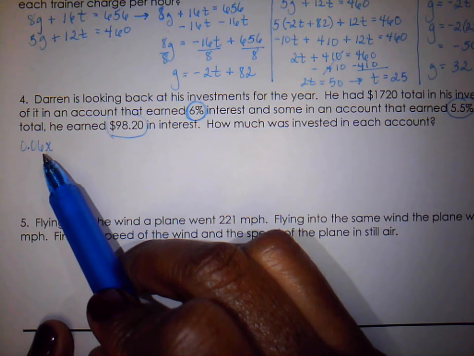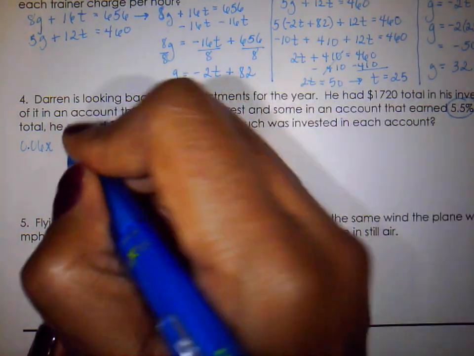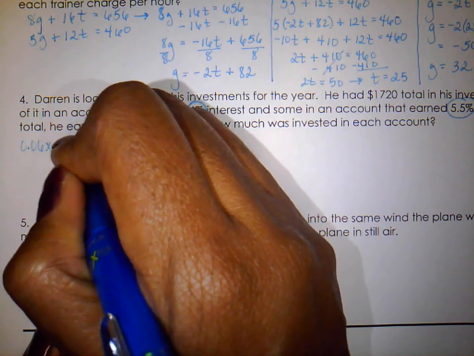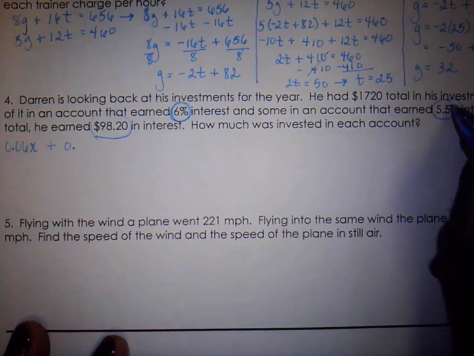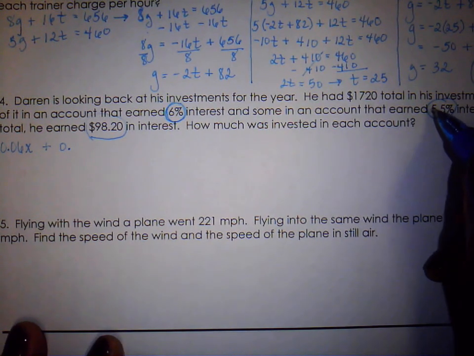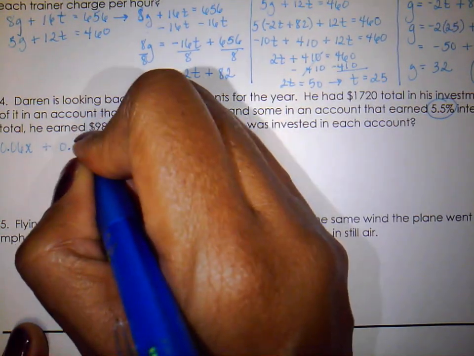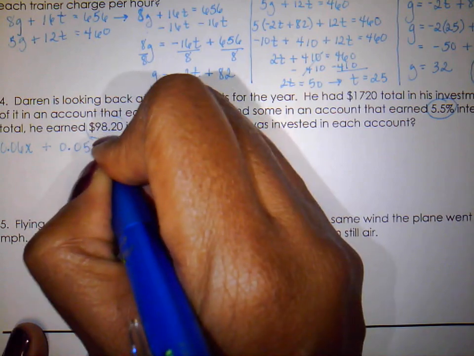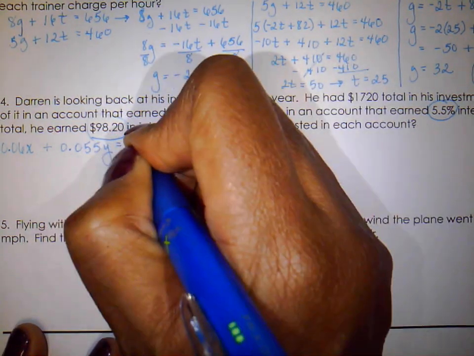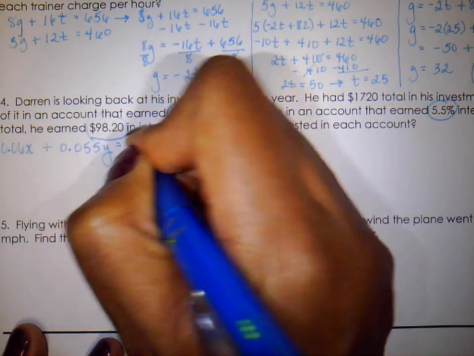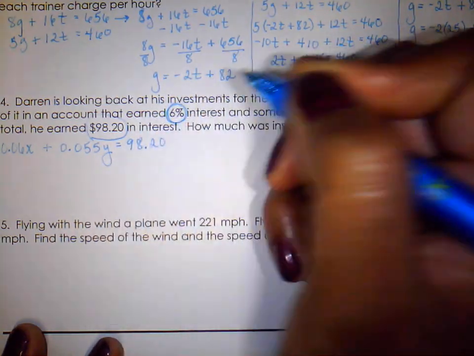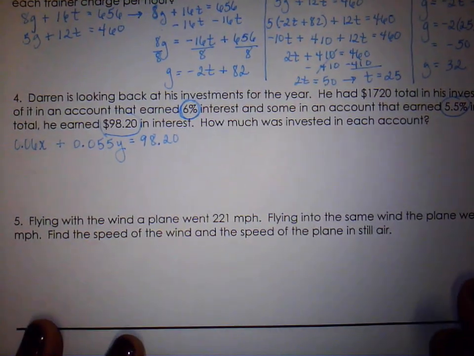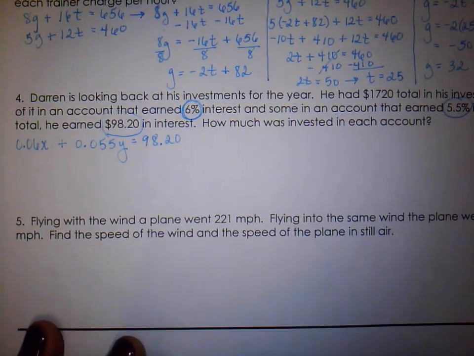Okay. And that's going to be plus, move the decimal place twice, 0.055y equals $98.20. Does that make sense, what I just did?